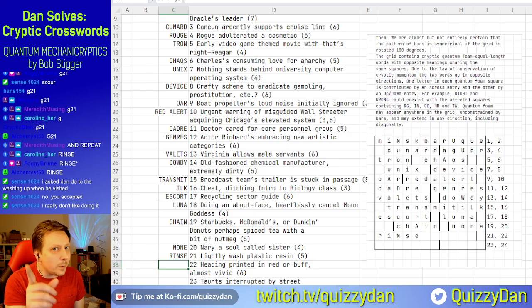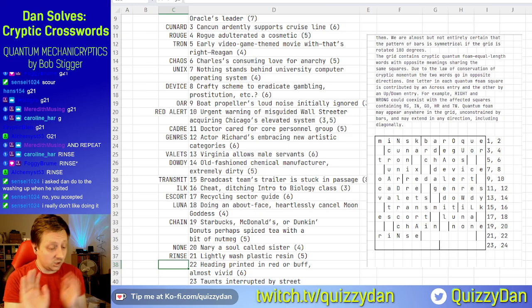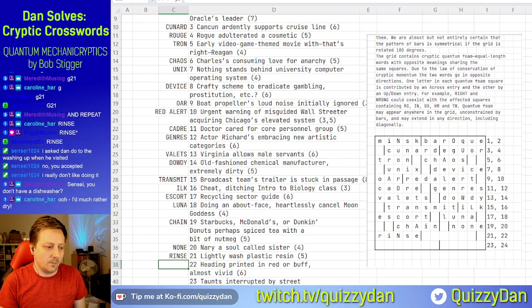I do mind doing the drying. If you give me a choice between washing and drying, I will always do the washing. I live in a hard water area, so all my stuff has those little marks of lime scale. But I hate drying. Oh, Caroline, you are very welcome to do my drying.